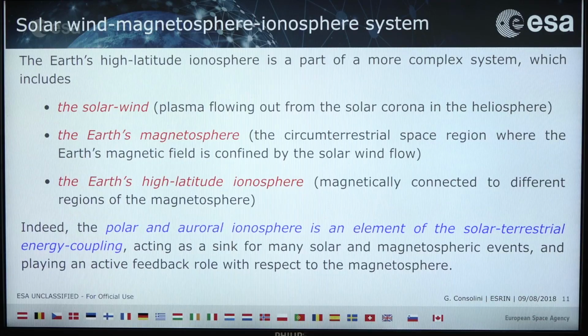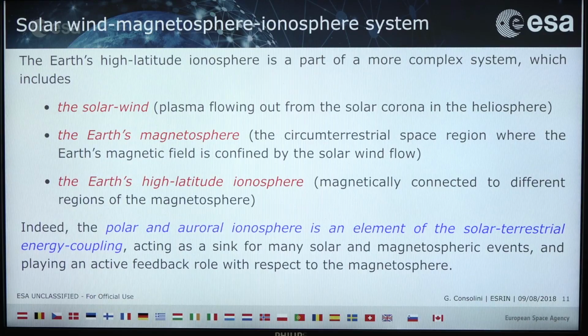Then we have the Earth's magnetosphere. What is the Earth's magnetosphere? The Earth's magnetosphere is the space around the Earth where the Earth's magnetic field, the one that is generated by the geodynamo, is confined by the solar wind due to magnetofluid effects. And the third element is the Earth's high latitude ionosphere, which is completely magnetically connected to different regions of the magnetosphere.